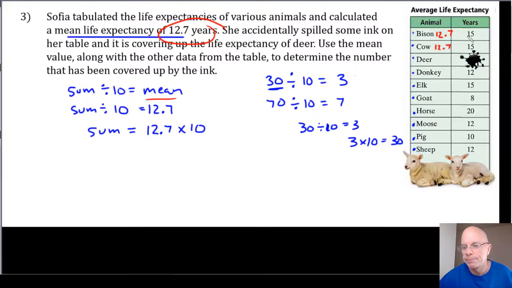Instead of 15 for bison, just think about it as 12.7. Because the ones that have life expectancies higher than 12.7, you could move some of their years to the ones that have lower life expectancies, like the goat that only has 8. But the mean just means if they were all leveled out, or they were all the same, they would all be 12.7.